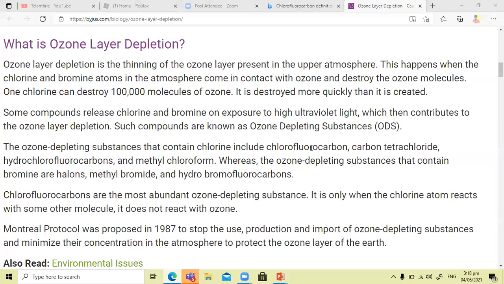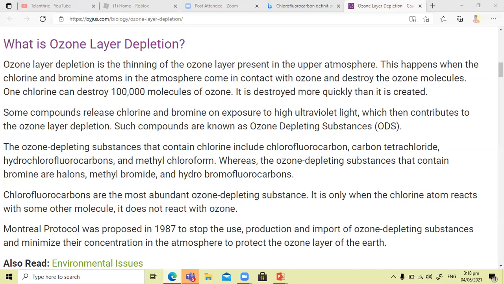The ozone depleting substances that contain chlorine include chlorofluorocarbons, carbon tetrachloride, hydrochlorofluorocarbons, and methyl chloroform, whereas the ozone depleting substances that contain bromine are halons, methyl bromide, and hydrobromofluorocarbons.